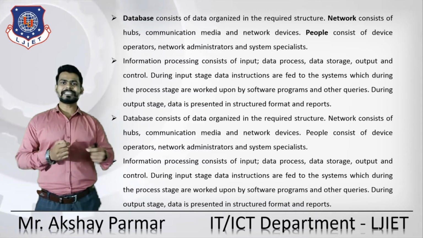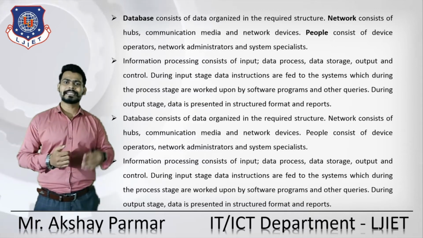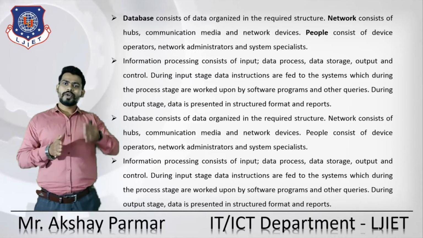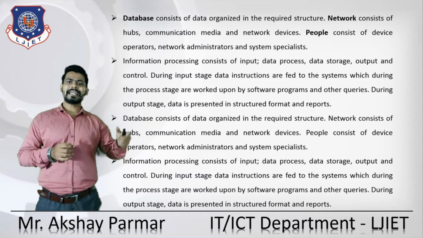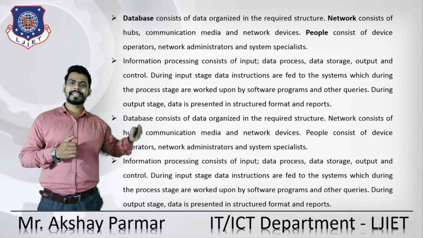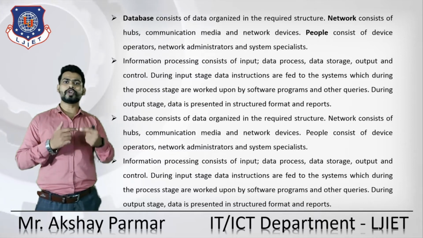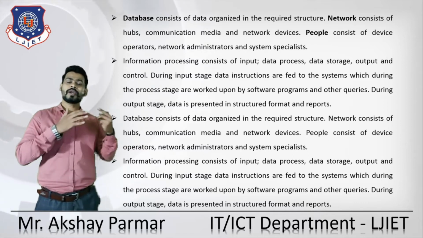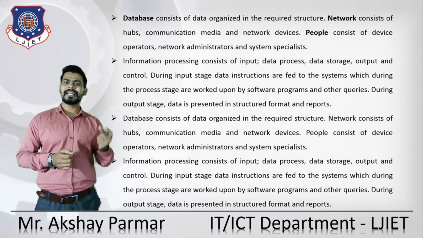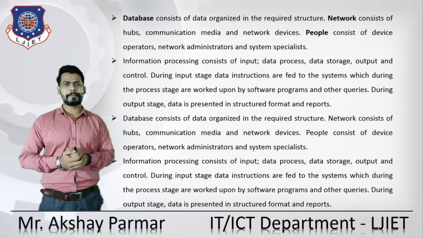Information processing consists of input, data process, data storage, output, and control. During the input stage, the data instructions are fed to the system, which during the process stage are worked upon by the software programs and other queries. During the output stage, the data is presented in a structured format and reports.